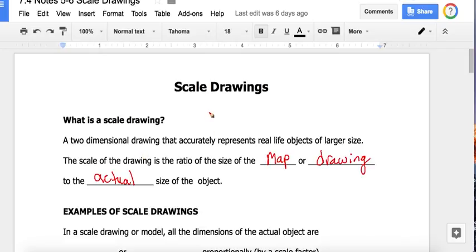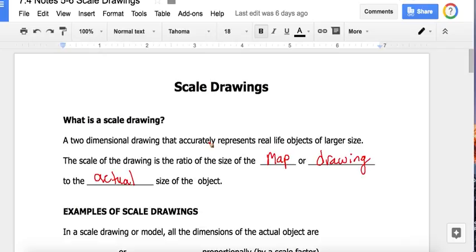Of course, a map is a scale drawing. A floor plan for a house would be an example of a scale drawing, or a floor plan for a school, or a floor plan for a building. These are all examples of scale drawings. When they create an action figure, they also use a scale drawing of the real size of the person or hero or actor.